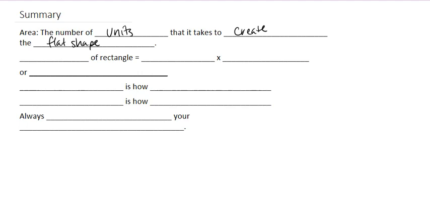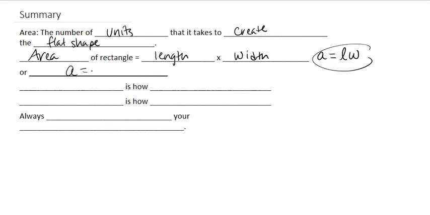And the formula for the rectangle is the area of the rectangle is length times the width, or area equals length times width. So we'll put this right here.